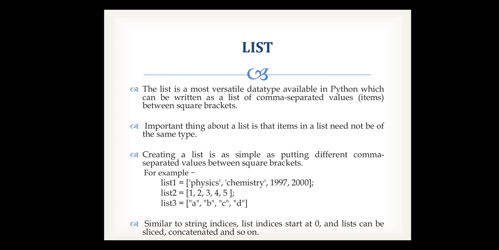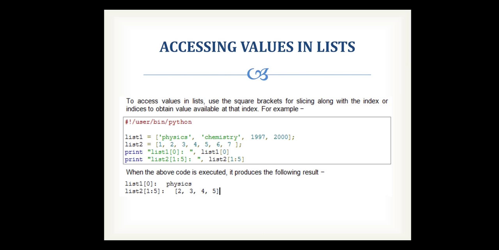Similar to string indices, the list indices start at 0. List index position also starts with 0, and lists can be sliced, concatenated, and so on. So, accessing values in a list.